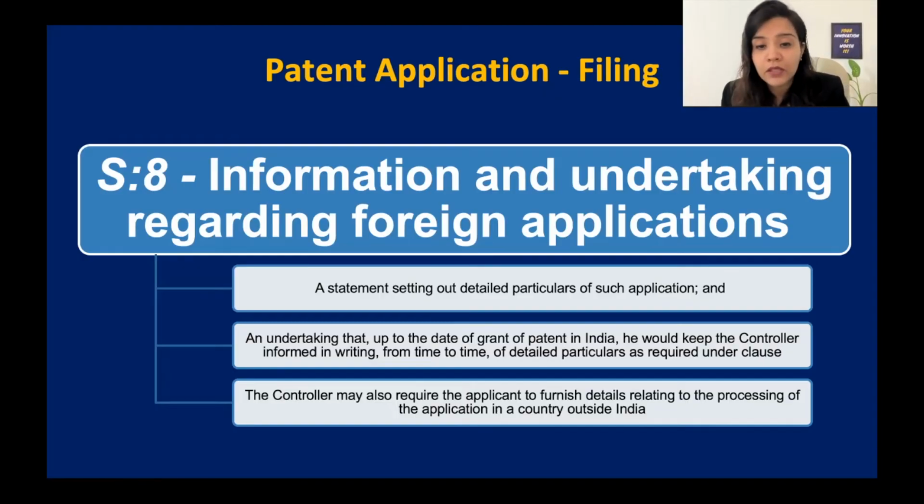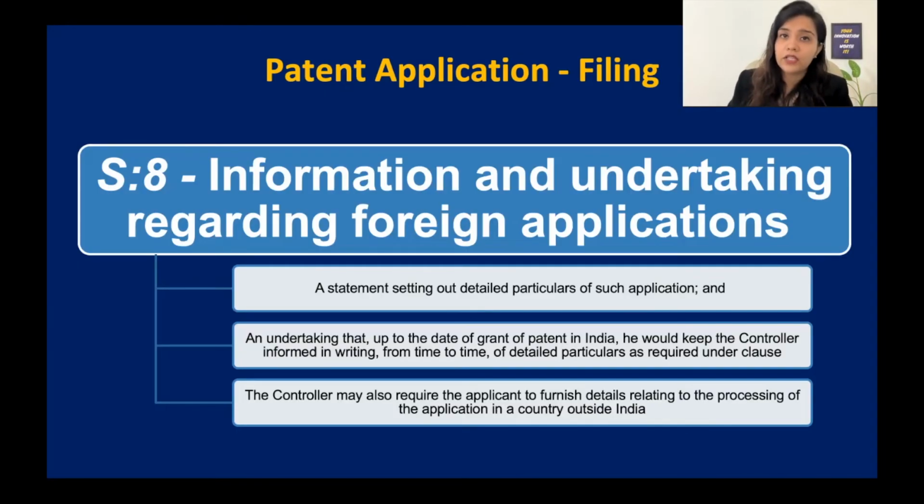We tell the examiner that from time to time, we'll keep you updated on the foreign applications, for example what is happening in the US application, what is happening in the European application. So the statement was the detailed particulars of the foreign application. The undertaking is that from time to time, I'll keep you updated on these applications.